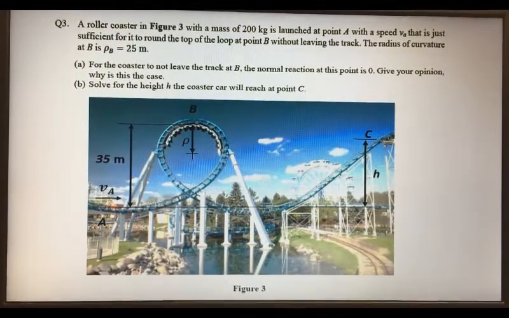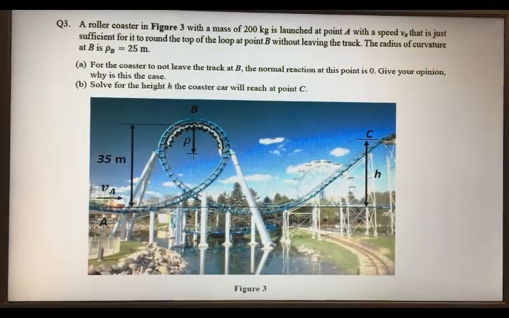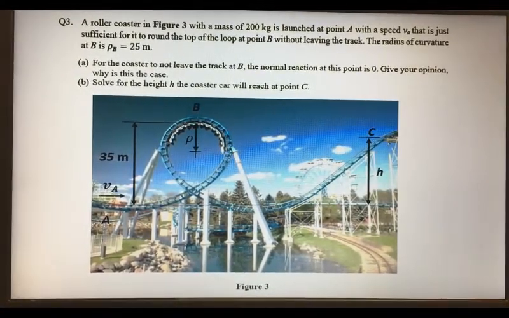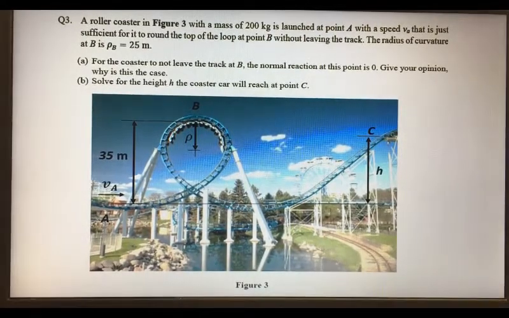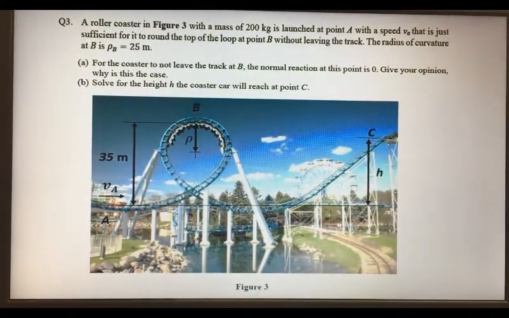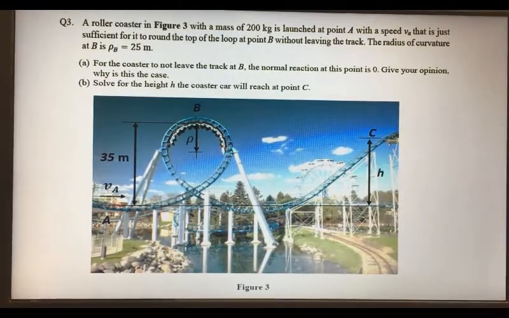A. For the coaster to not leave the track at B, the normal reaction at this point is 0. Give your opinion why this is the case. B. Solve for the height h the coaster car will reach at point C. For part A, the opinion will be explained by Christine and I will explain the solution for part B.